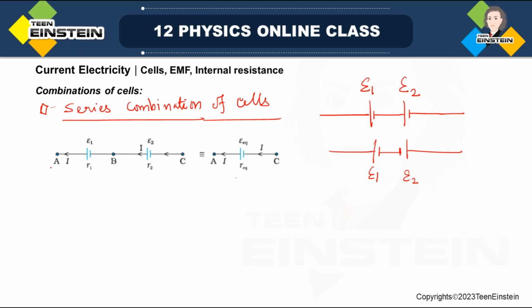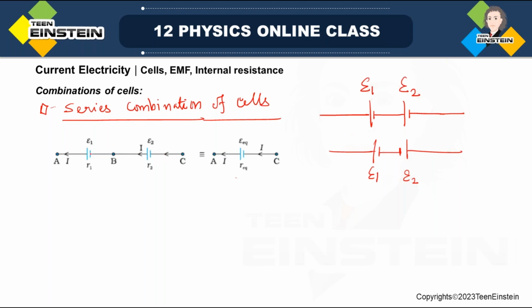Okay, so let me assign. We need to find out the voltage difference. In this case, one thing is very important: in any kind of series, whether a series of capacitors or resistors or whatever it is, the current will be the same through all the circuit components.